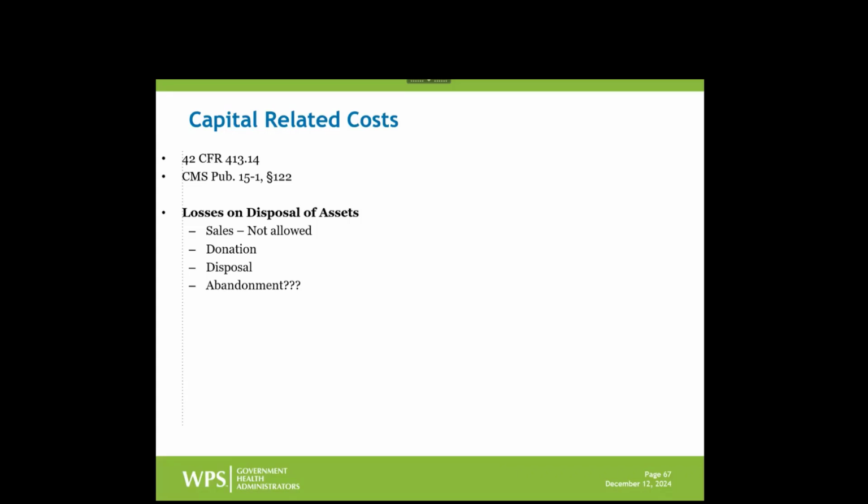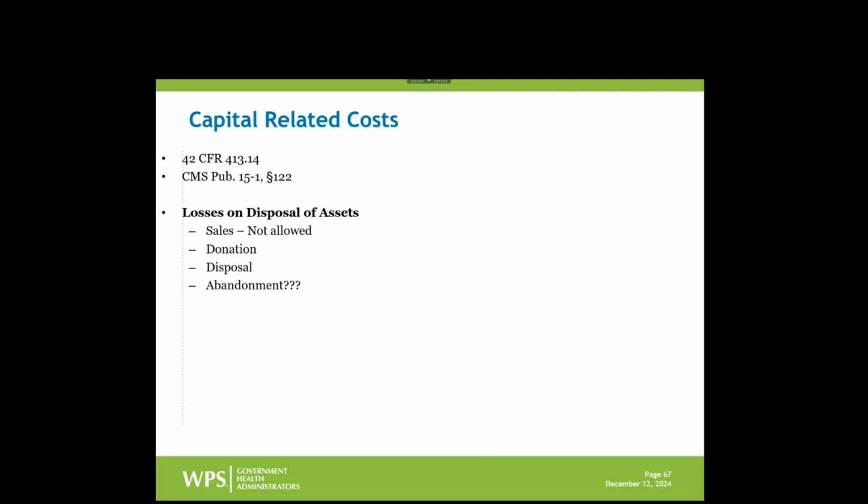If it's not approved, then the only way we're going to allow any loss is if you replace that same asset. So for example, a building: if you replaced a hospital and it's the same basic hospital, just a new building very nearby, then that loss would be allowable. That's if it was not approved.